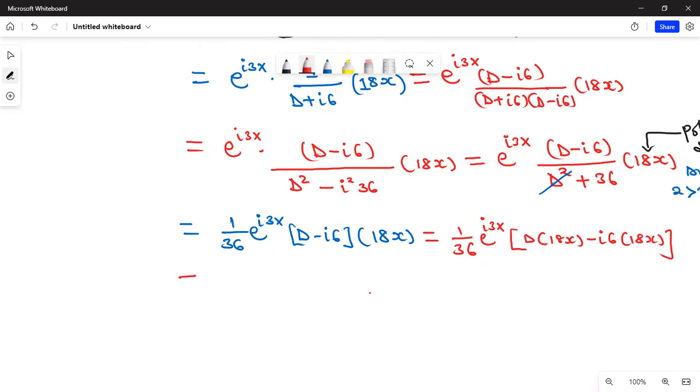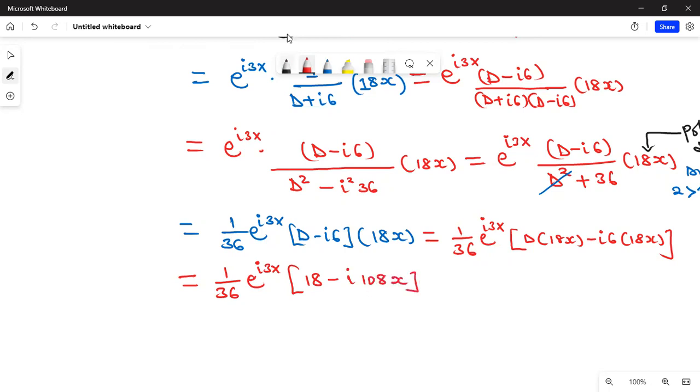And so this is the same as 1 over 36 exponential I3x. Here, when you differentiate 18x, you get 18. Then minus, now work out I times 6 times 18x. We just multiply 18 times 6, that is 108. So that's negative I times 108x.